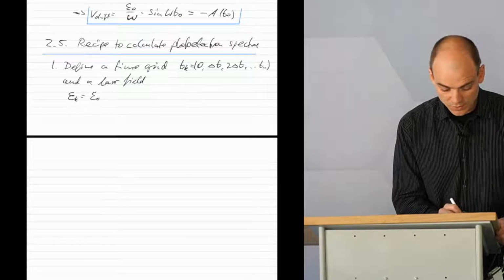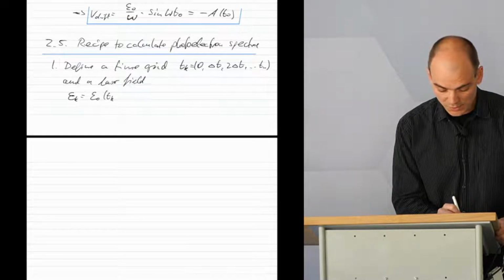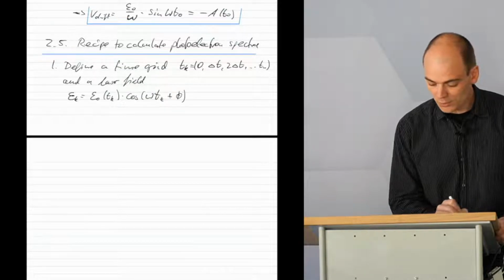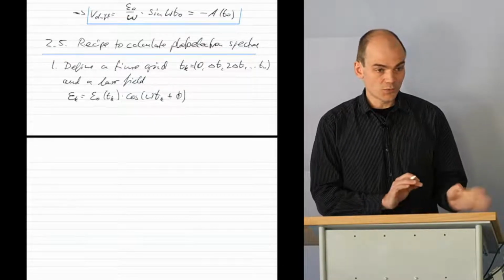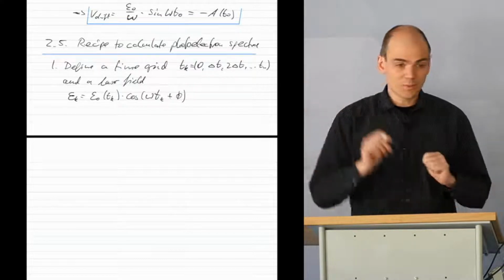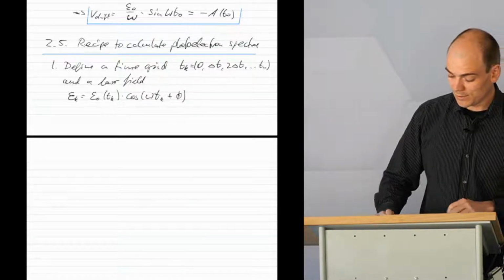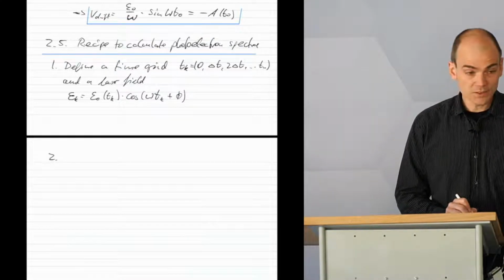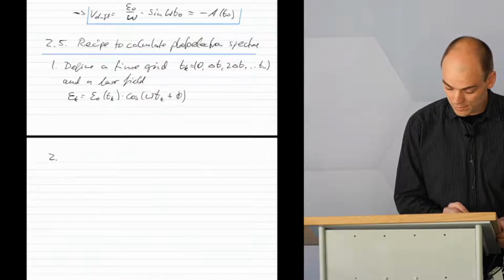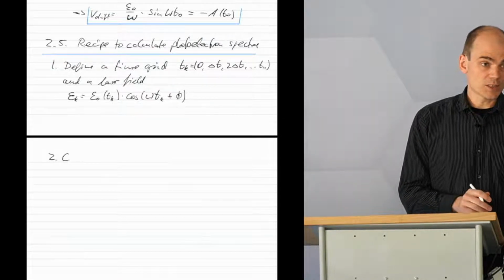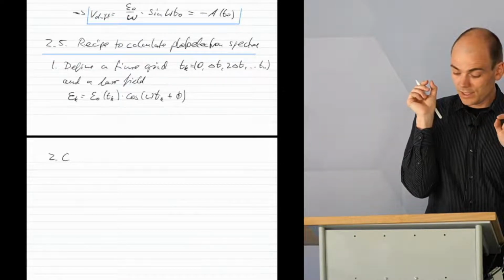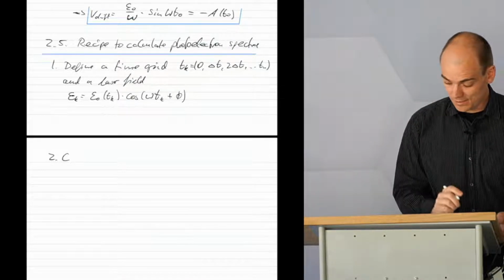This would have some envelope function times cosine omega tk, and we can actually allow for a phase offset here. For now we can ignore this, but we will spend some time discussing this phase offset because it's quite interesting. Okay, and now the second step would be to calculate the ionization rate at each time step. Since we discretize, for each little time point in our time grid, we calculate the ionization yield.